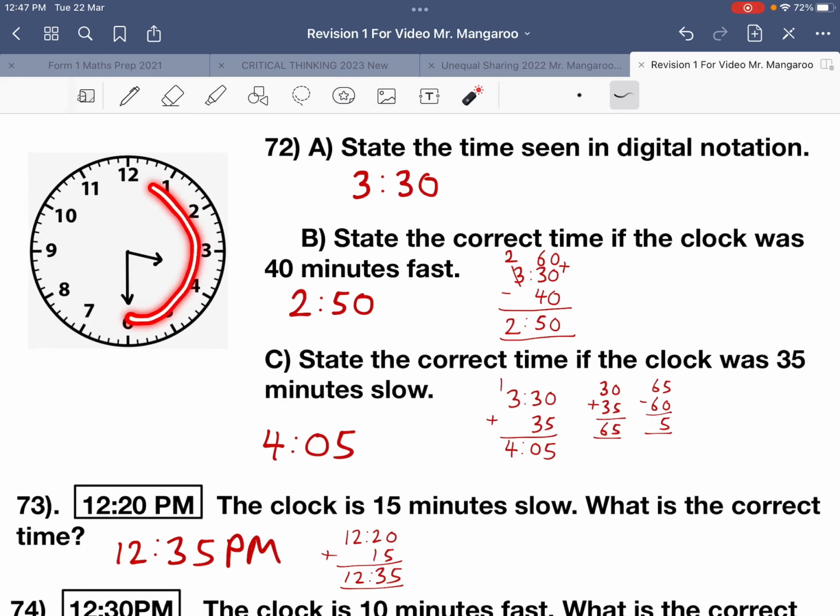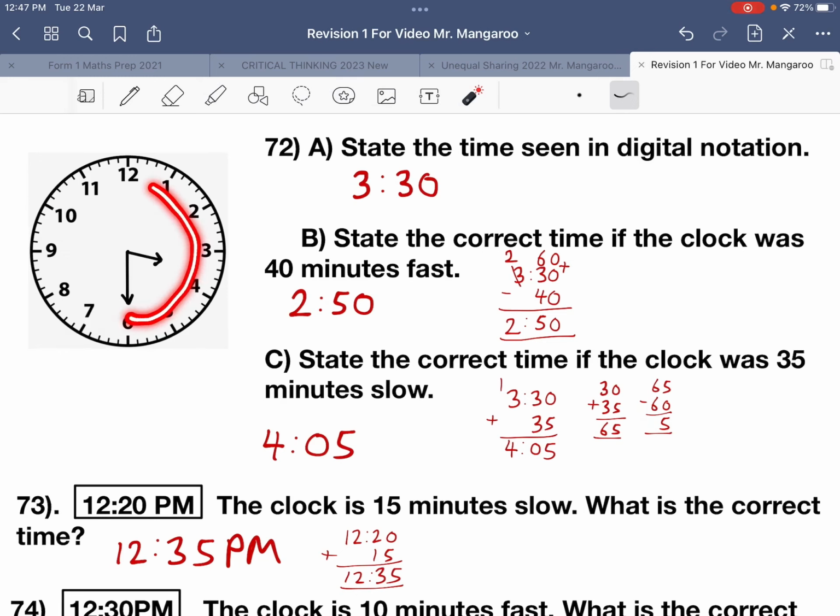2.5 hours, so 2.5 can be written as an improper fraction of 5/2, and we multiply that by the minutes, which is 60, to get 150. And 75 minutes is how many hours? So we do the opposite.